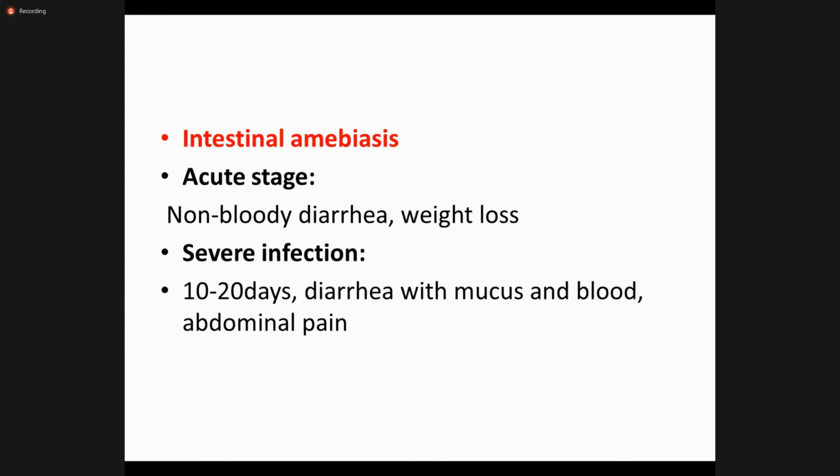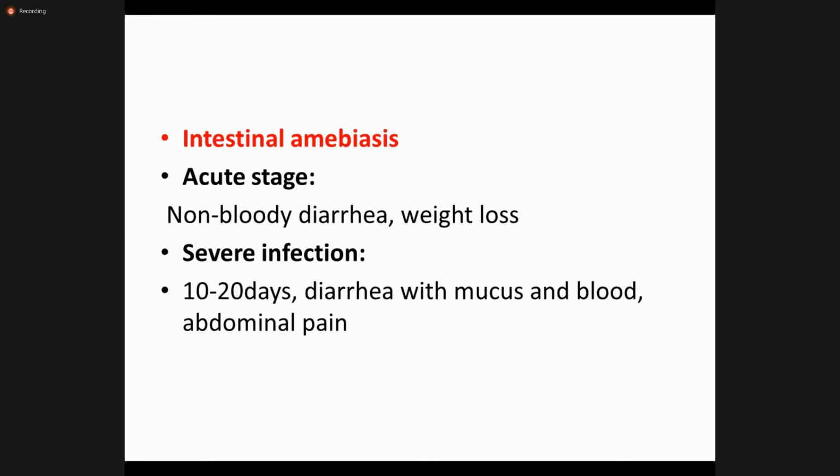It is more common in homosexual males. And when the trophozoites penetrate the colonic epithelium, they secrete enzymes that produce local ulcers, and inflammation occurs at the site of the invasion.